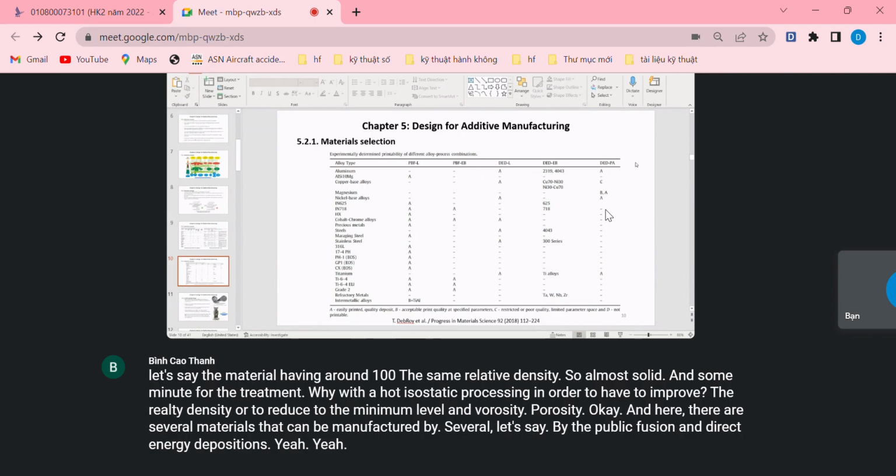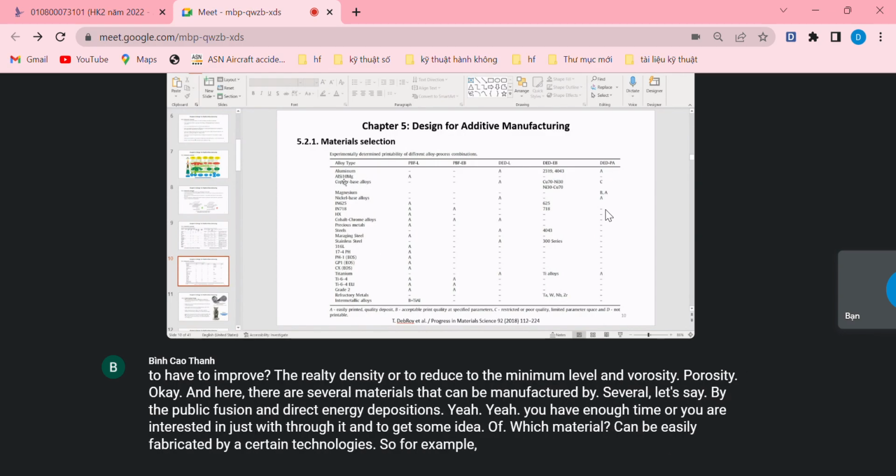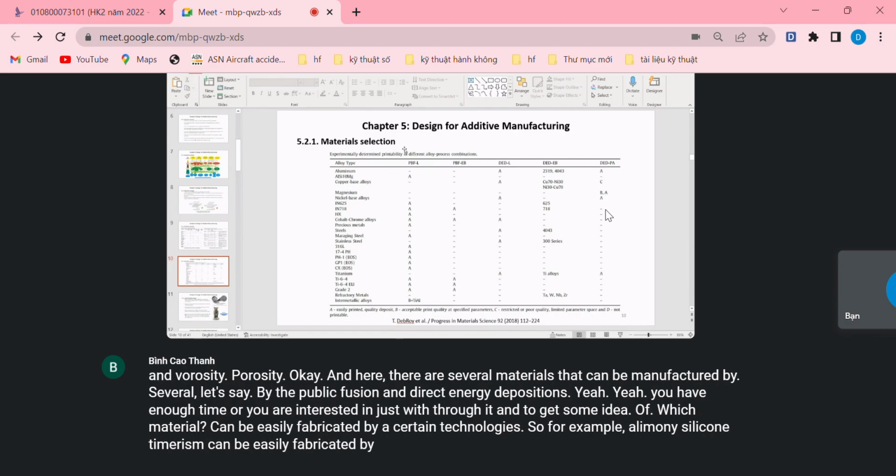If you have enough time or are interested, just read through it to get some idea of which material can be easily fabricated by a certain technology. For example, aluminum silicon magnesium can be easily fabricated by laser-assisted powder bed fusion and so on.